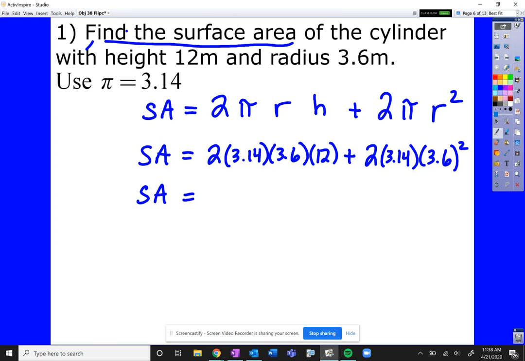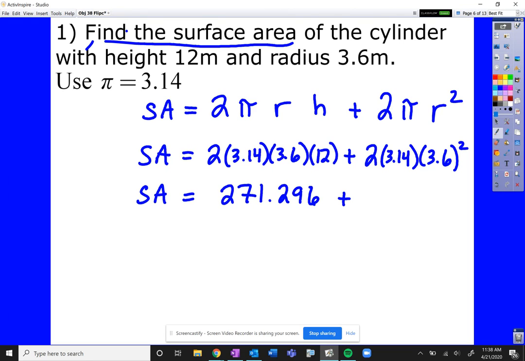Let's just multiply all this together. 2 times 3.14 times 3.6 times 12, because it's all multiplication. So we get 271.296. And then here we need to make sure that we do 3.6 squared first.